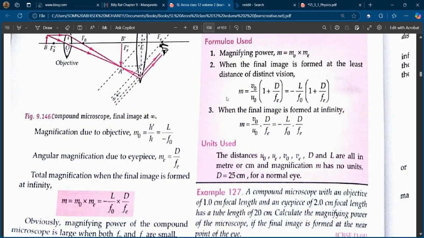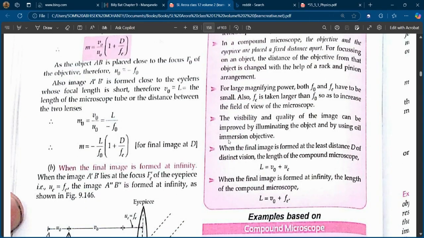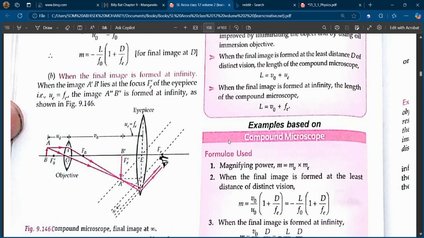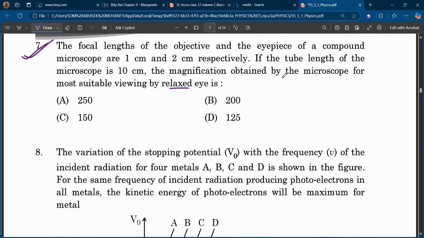For that, the magnification formula you need to remember. What is the formula? Minus L by F naught into D by Fe. Write down the formula, where L is the length of the tube, and D is the distance of distinct vision, which is 25 centimeter.